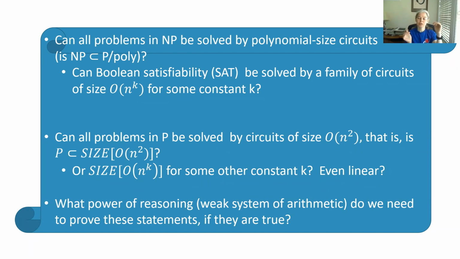But is there a specific power such that all of polynomial time can be solved, for example, by quadratic circuits? We don't know. I don't know what the intuition is about it being true or false, but for example, think of the clique problem.